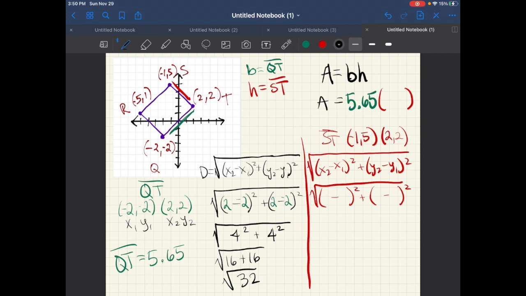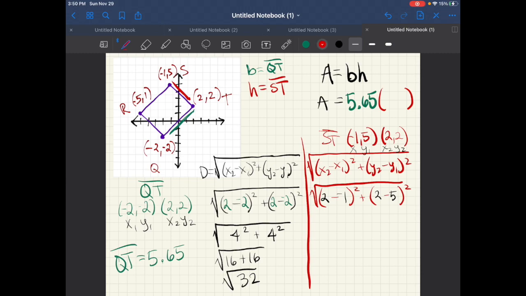X1, Y1, X2, Y2. So our X2 is 2, and our X1 is -1, and our Y2 is 2, and our Y1 is 5.